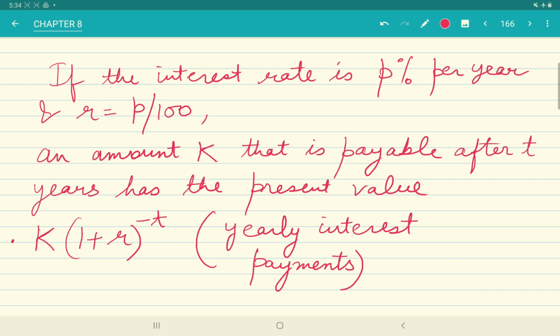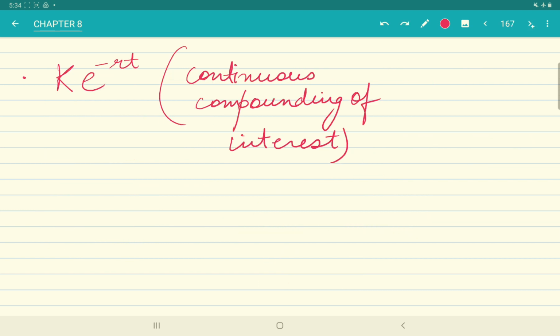Given yearly interest payments, that amount K payable after T years has the present value K multiplied by 1 plus R raised to the power minus T. This is when interest is paid after each year. But if we have continuous compounding of interest, then that amount K will have the present value K e raised to the power minus RT.